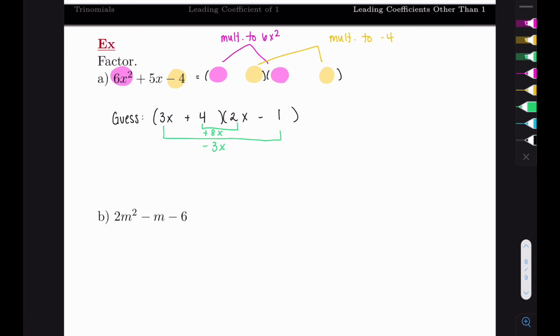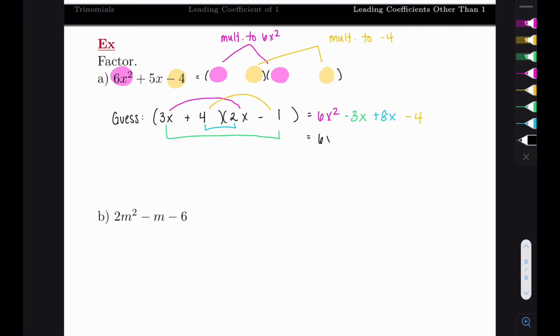Okay? So we could FOIL this out if you want to see the full process to make sure this is right. The first term gives us 6x squared. The outer term is negative 3x. The inner is positive 8x. And the last is negative 4.